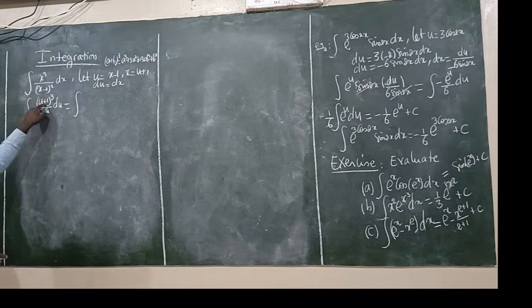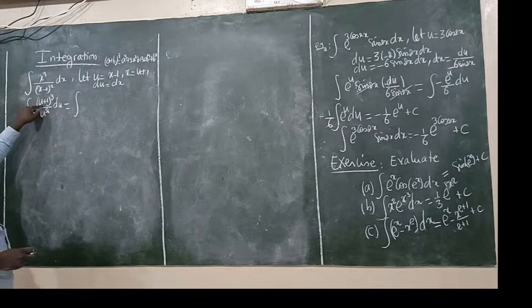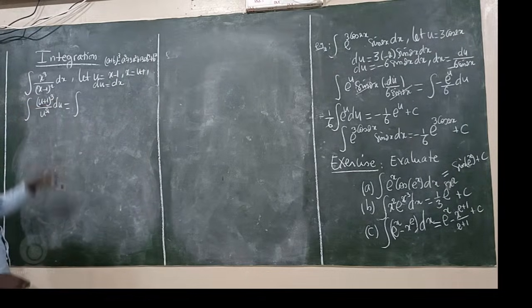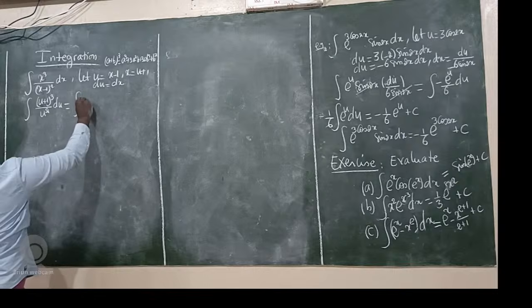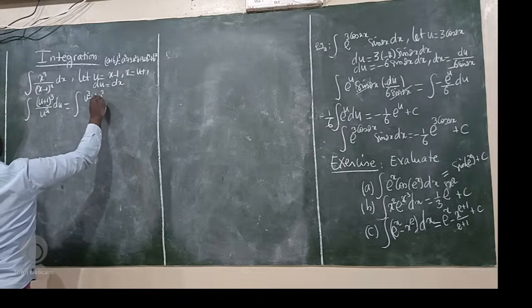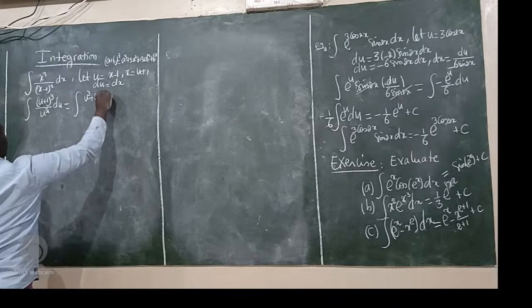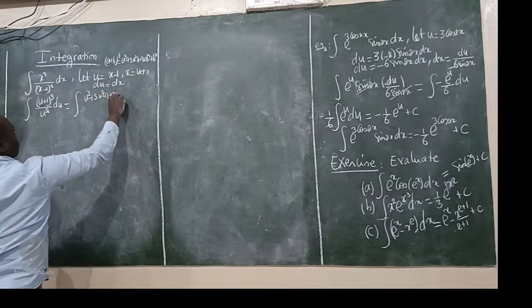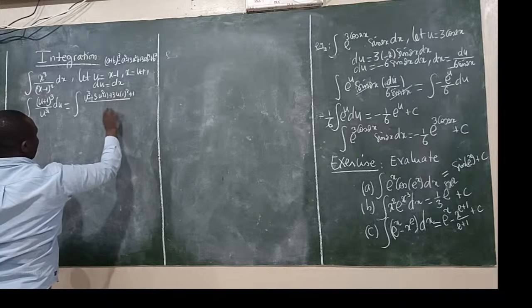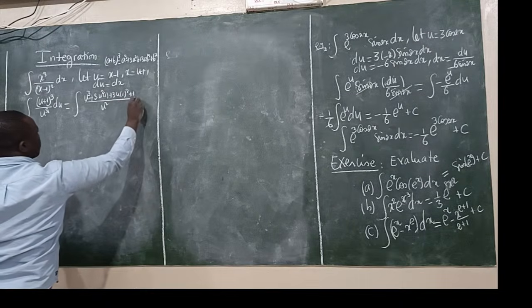That's what you are going to do here. You will be replacing a with u and b with 1. Here is (u^3 + 3u^2 times 1 + 3u times 1^2 + 1^3) divided by u^2 du.